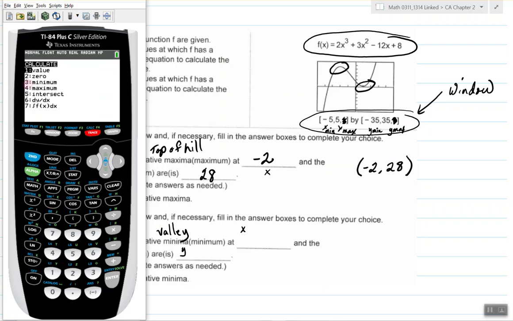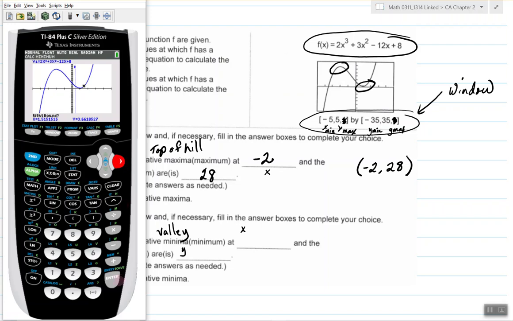I'm going to choose number 3. I'm just going to hit a 3. And it's ready for me to do a minimum, but I have to set my sandwich, and it's always left piece of bread, then right piece of bread. Okay, I'm on the left side of the min. Enter. Pass through it.